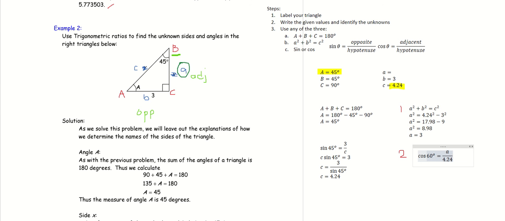And then again, cross multiplication, you will have 4.24 times cosine 60. Ay, sorry. 45 pala, guys. Sorry po.